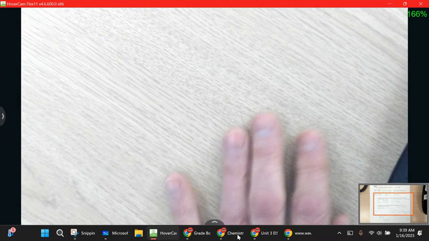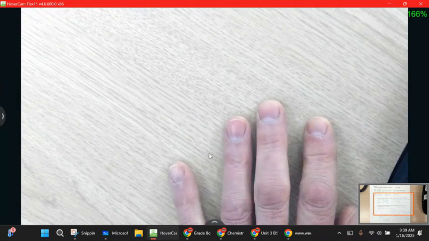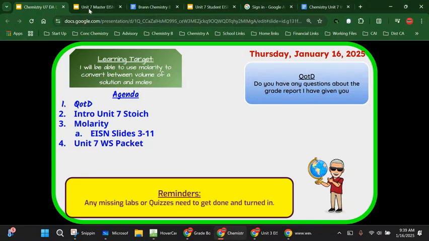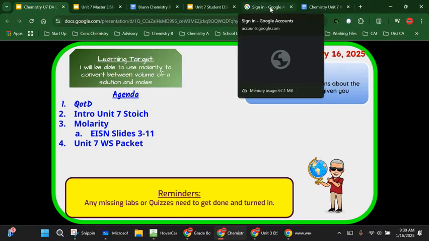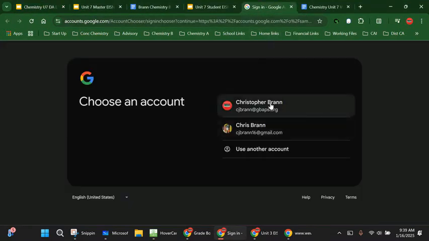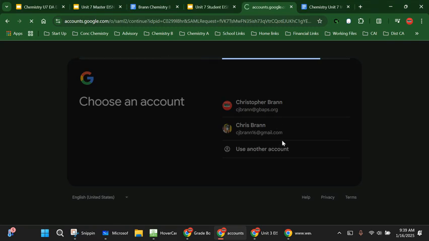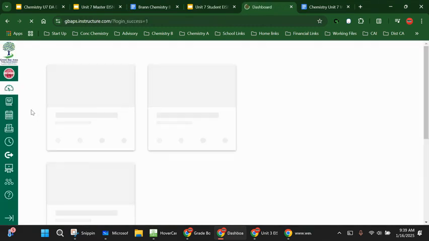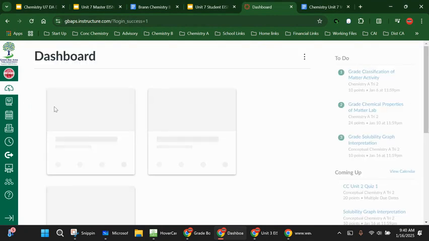In Canvas, there is a new unit there for you, ladies and gentlemen. Ooh, maybe it is not there yet. Hang on. I'll bet you I haven't made it published yet. Hold on.